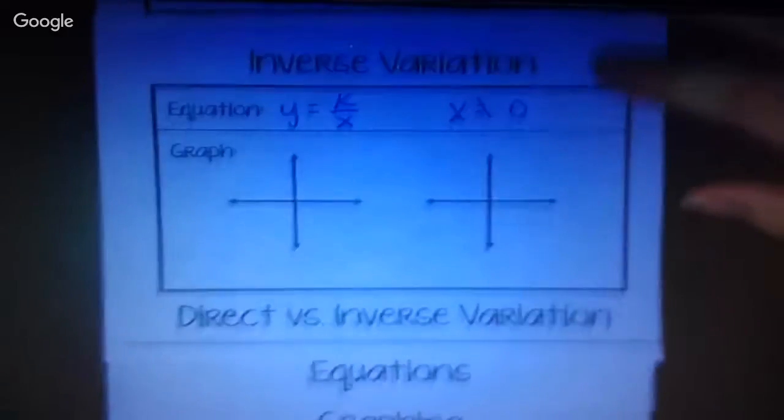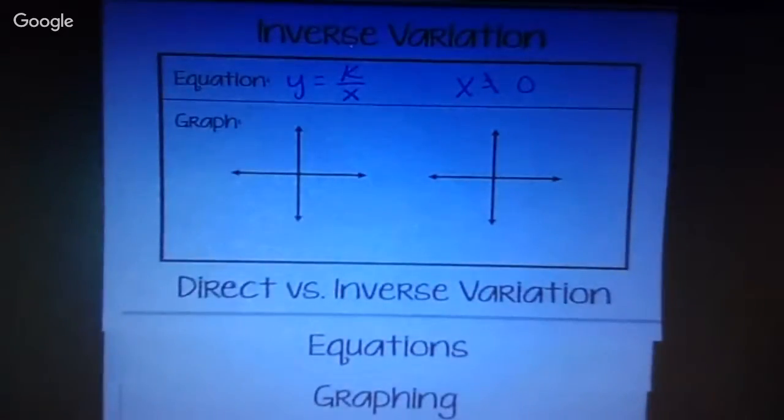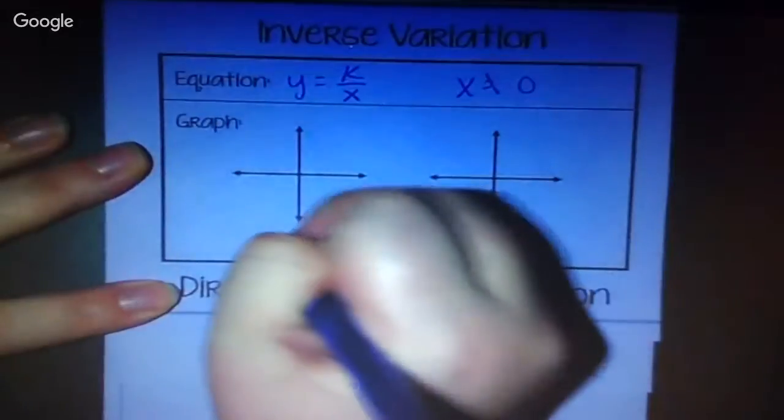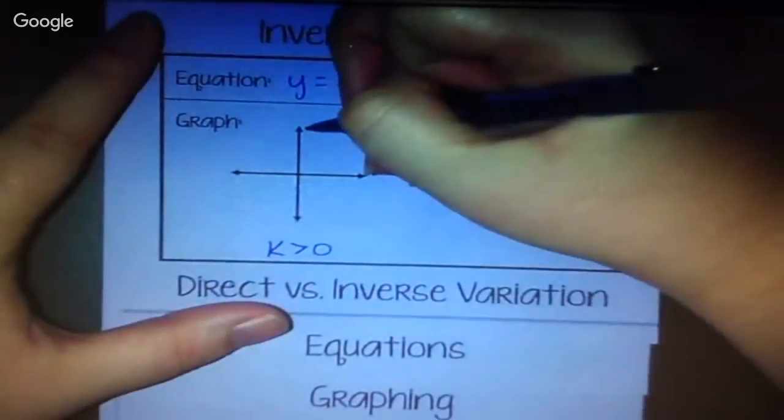No, I don't remember. Okay, the graphs in inverse variation. Just like we had in direct, if k is greater than 0, my graph looks like this.